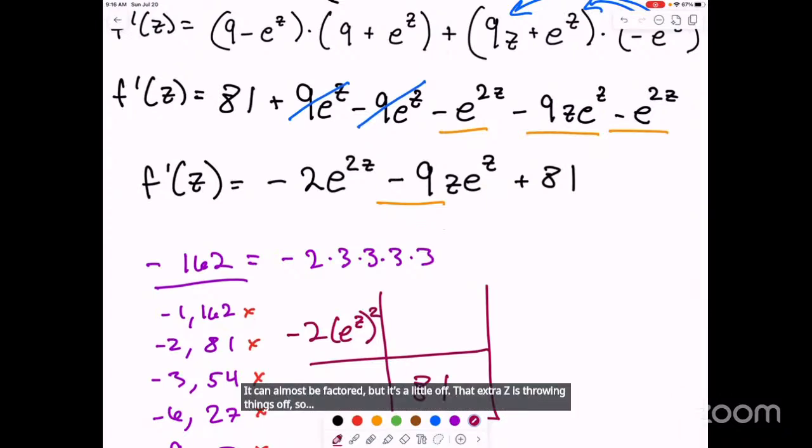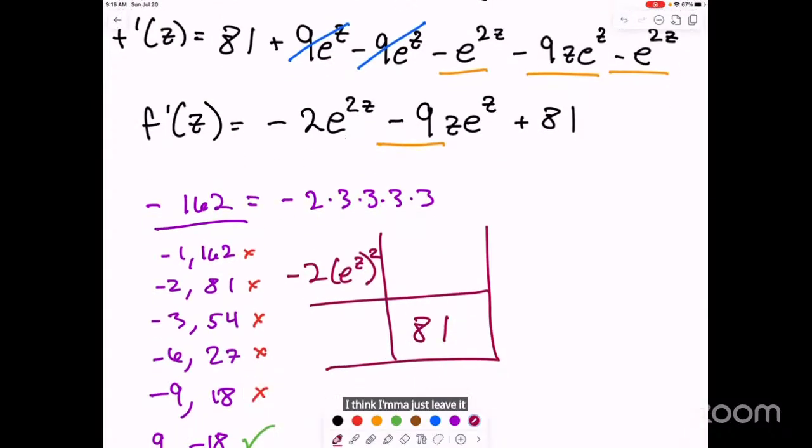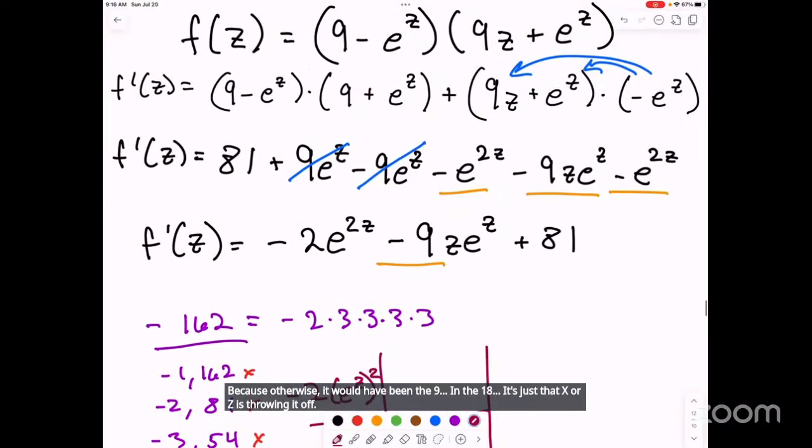So I think I'm going to just leave it in the above line. Because otherwise it would have been the 9 and the 18. It's just the extra z is throwing it off. And I think it's supposed to be there.